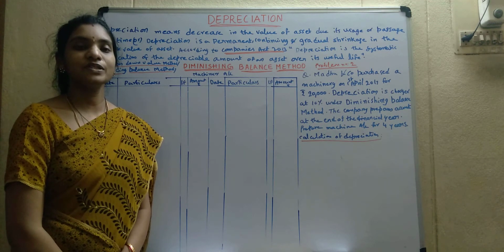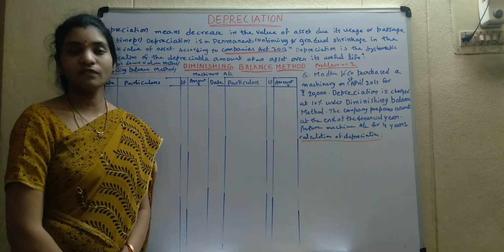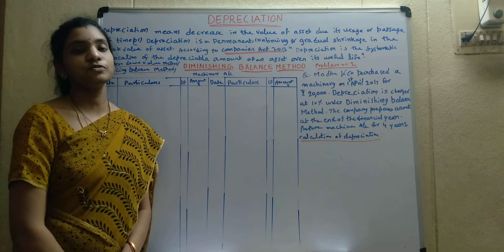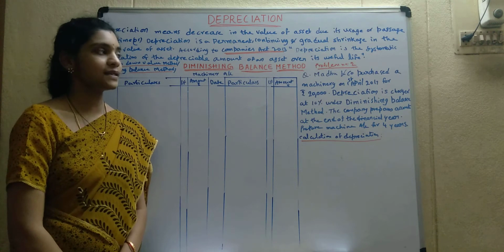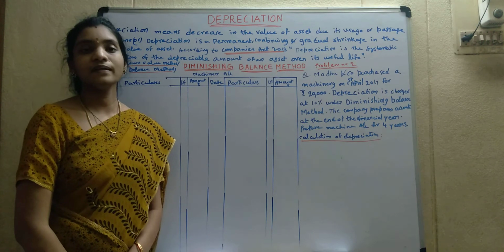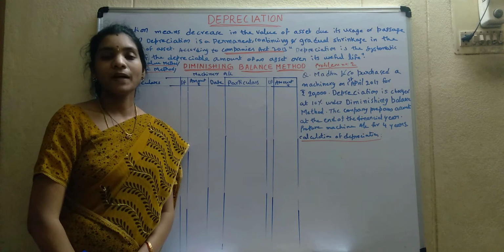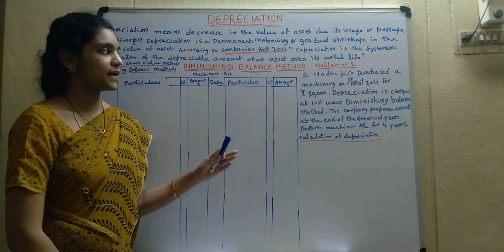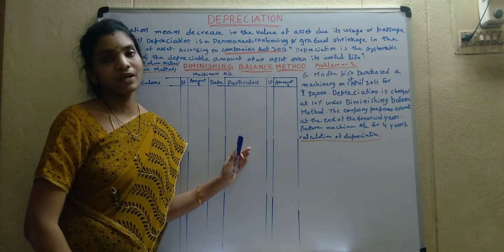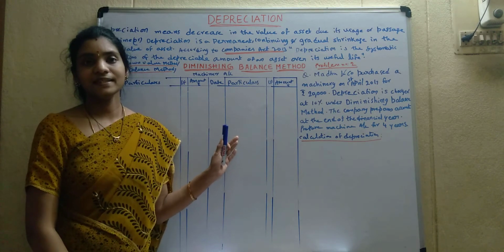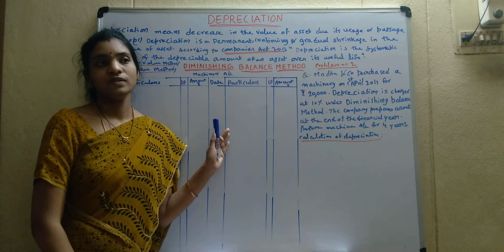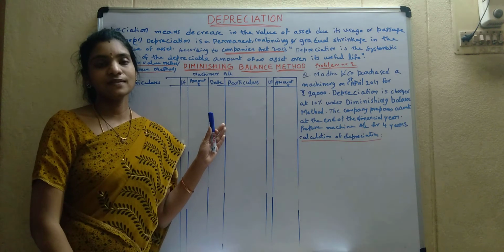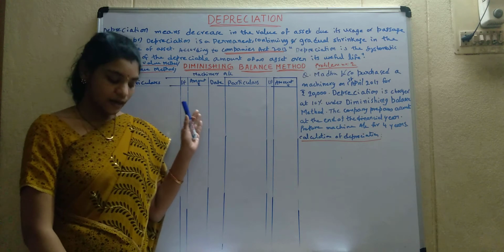If you follow the depreciation fund method of depreciation, it provides a fund to buy assets, but this diminishing balance method doesn't provide any fund to buy new assets. And we can't reduce the value of the asset to zero in this method. Some balance is left over at the end of its useful period.